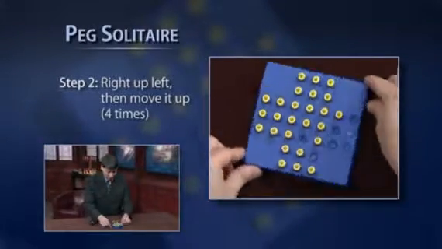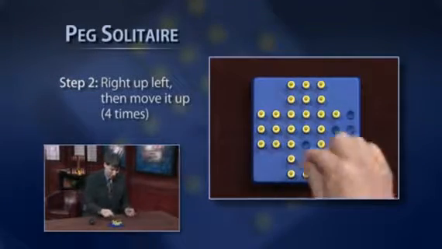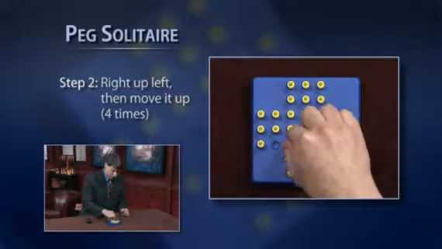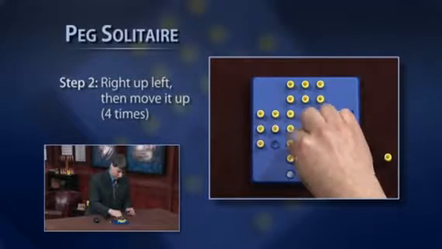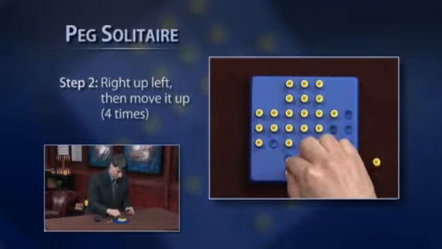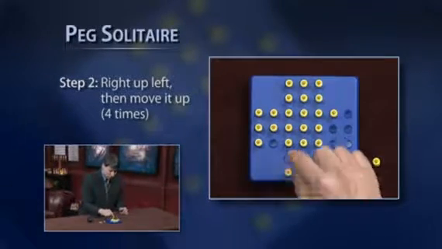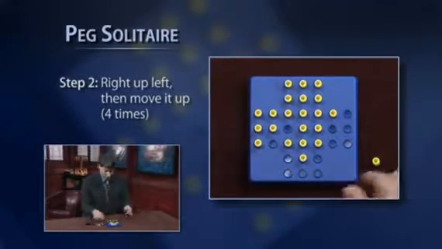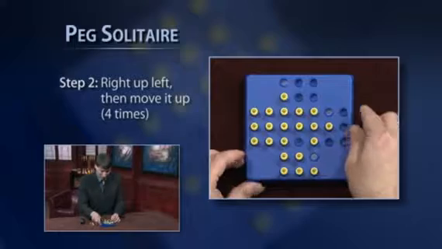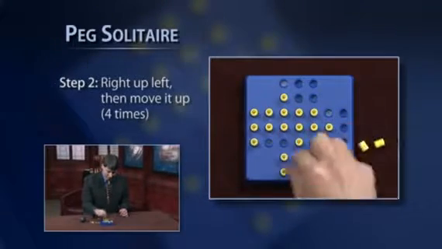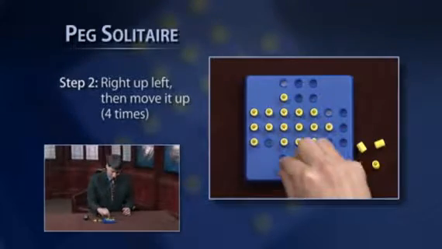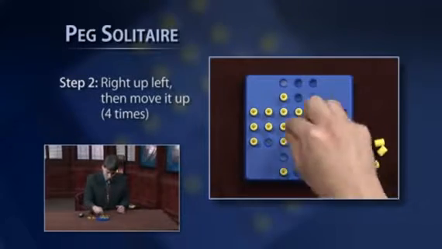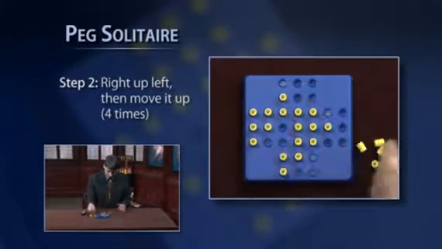I rotate the board, and one more time we go right, up, left, and move it up, just like so. All right, we rotate again. Right, up, left, and move it up.